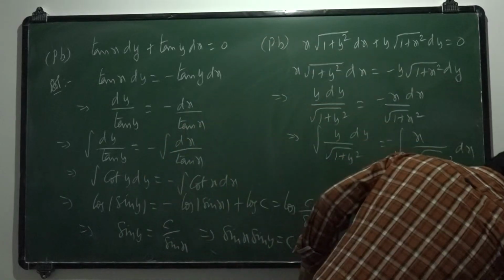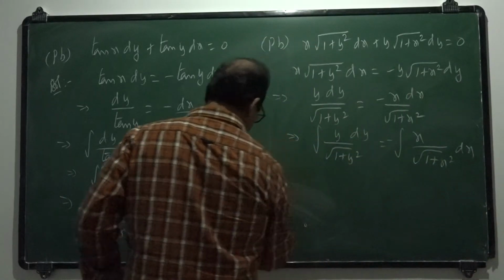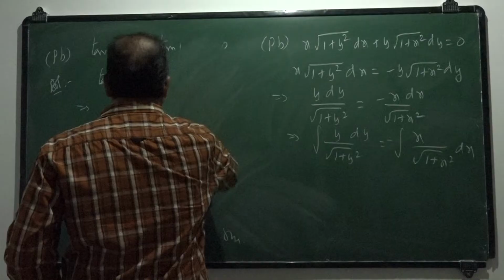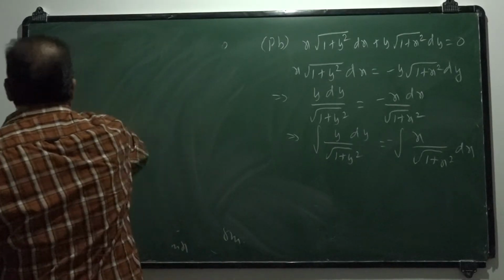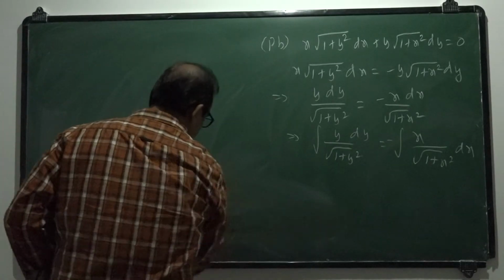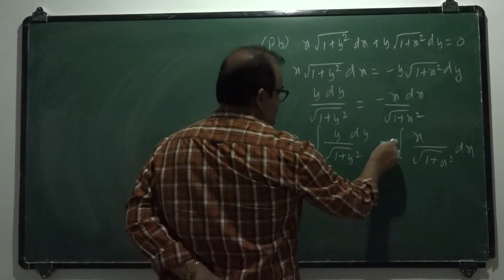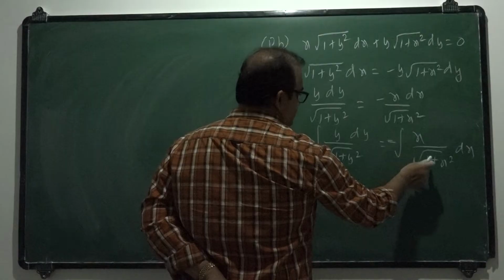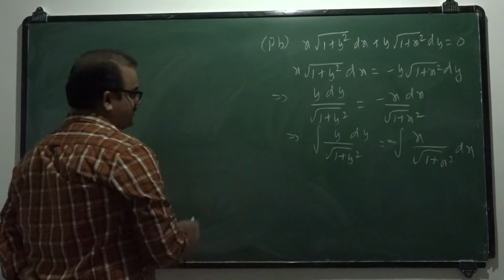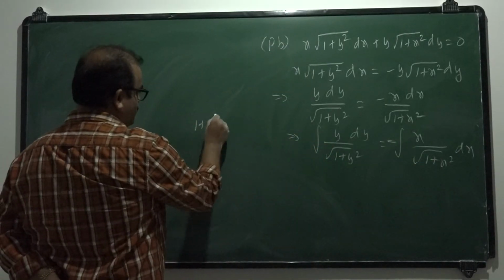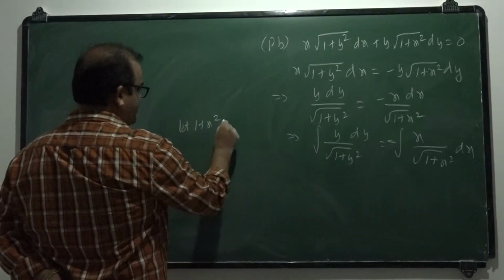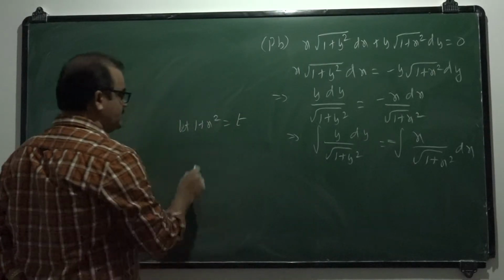Now integrate this. See here, take 1 plus x square is equal to t. Let 1 plus x square is equal to t.